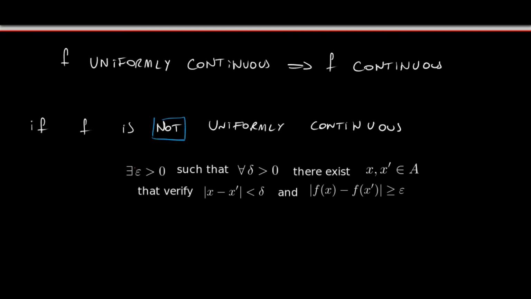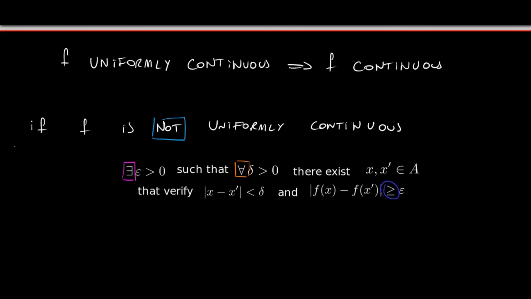So the negation of 'for every epsilon greater than 0' is an existence operator, so there exists an epsilon greater than 0, such that we now have to negate the existence of the delta, and that is 'for every delta greater than 0, there exist x and x prime in the interval a that verify that the absolute value of x minus x prime is smaller than delta, but the absolute value of f of x minus f of x prime is greater than epsilon.' This is the negation of the conclusion we had in the definition.